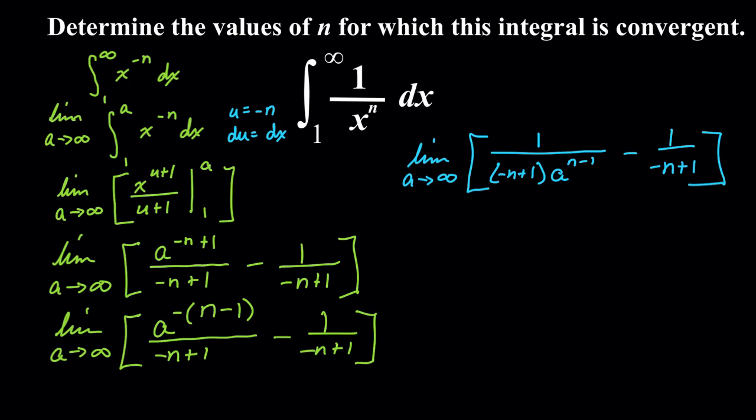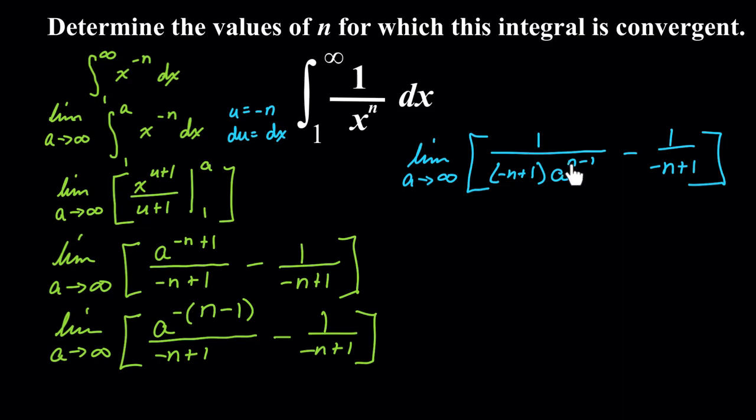Well, what if n is equal to 1? Well, if n is equal to 1, we got a problem, because you're going to have -1 plus 1, which is 0, in your denominator, and you can't divide by 0. Therefore, if n is 1, this problem will diverge.